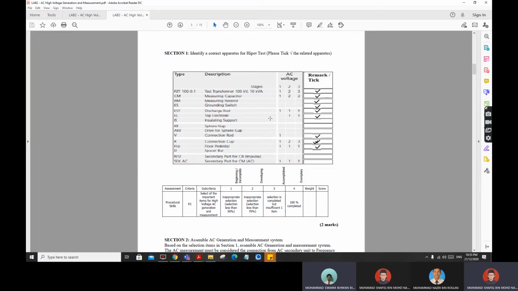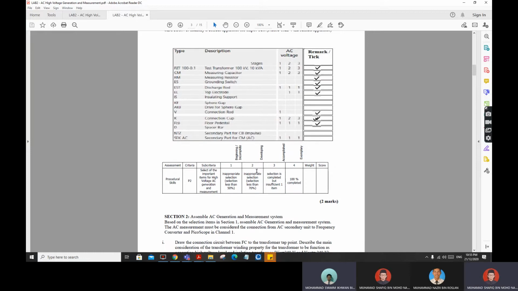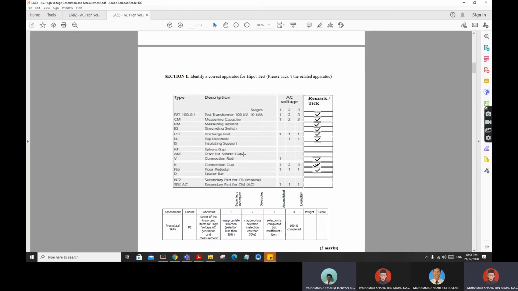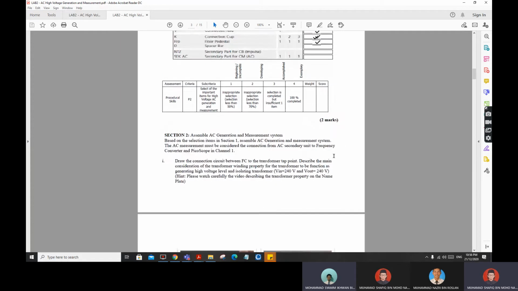We also use the discharge rod and top electrode. For the connection, we also use the connection rod, floor pedestal, and secondary part. That is all for section 1, the apparatus that we use for this lab session.